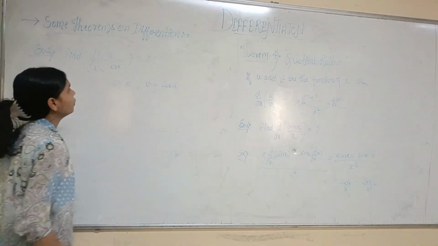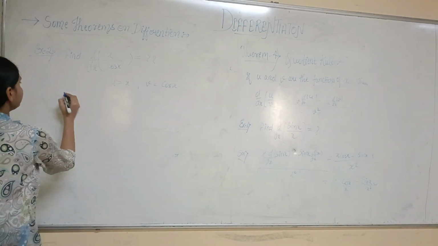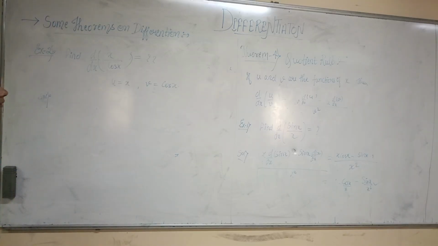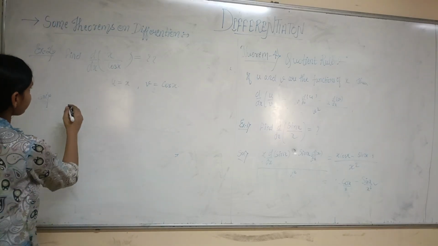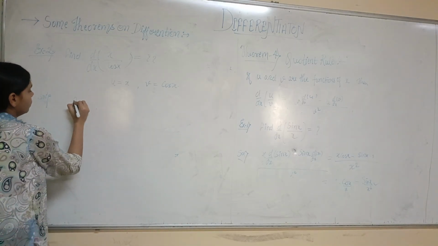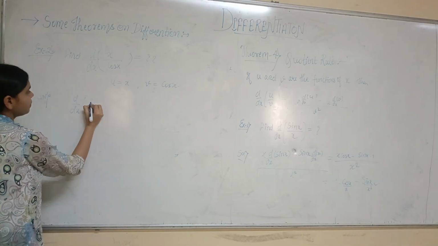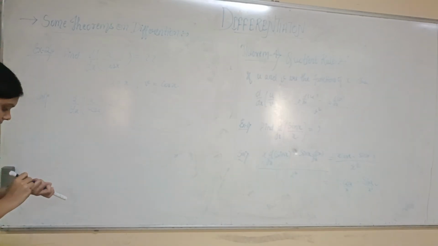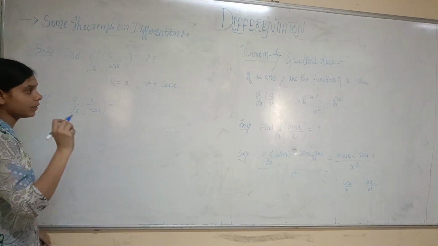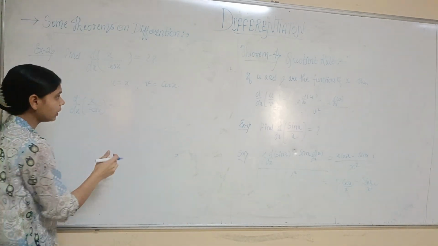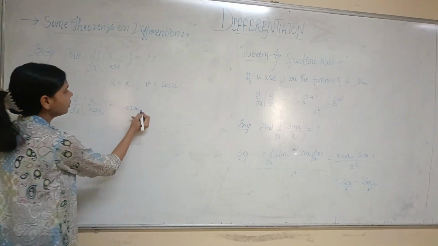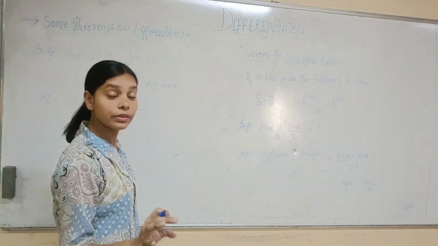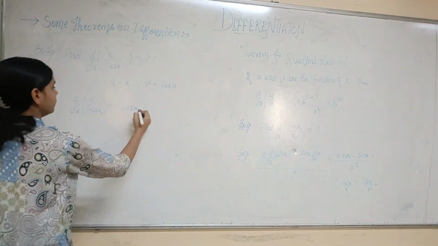Right? Now, if we apply the quotient rule, then what can I write? Solution. d by dx of x upon cos x. Second function means v. So second function into differentiation of first function. What is the differentiation of x with respect to x? Exactly, 1.